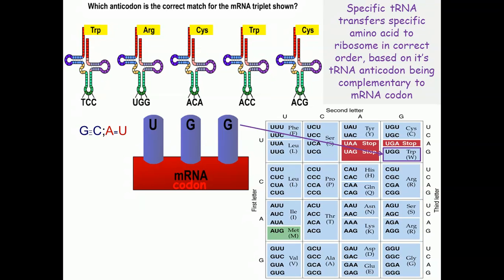So using the rule, guanine is complementary to cytosine and adenine is complementary to uracil in RNA, we know that the complementary bases are A, C, C. So that means that the only tRNA molecule that could transfer its amino acid is the one that contains an ACC anticodon, which is complementary to the UGG mRNA codon.